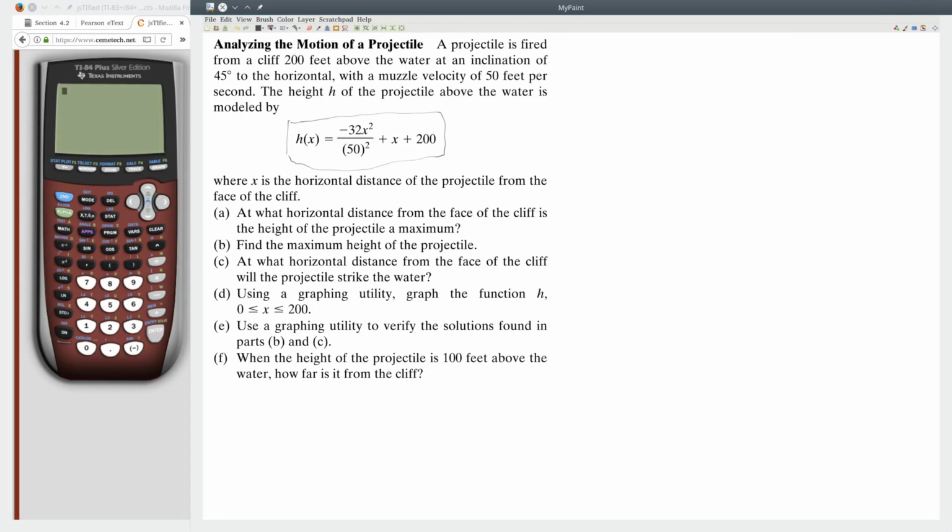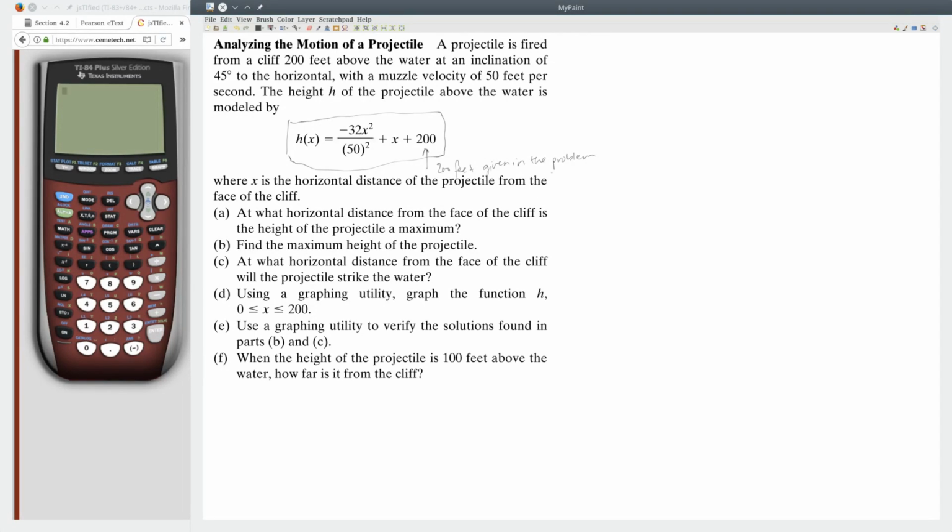So a projectile is fired from a cliff 200 feet above the water at an inclination of 45 degrees to the horizontal with a muzzle velocity of 50 feet per second. So that 200 is the initial height, the 200 feet given in the problem. So x is the horizontal distance of the projectile from the face of the cliff.